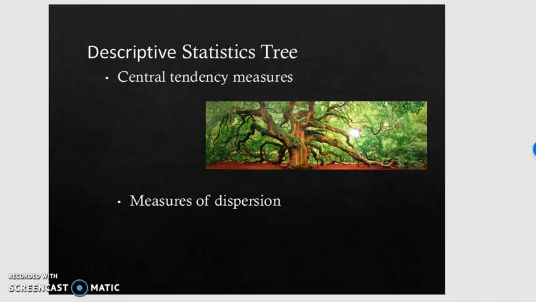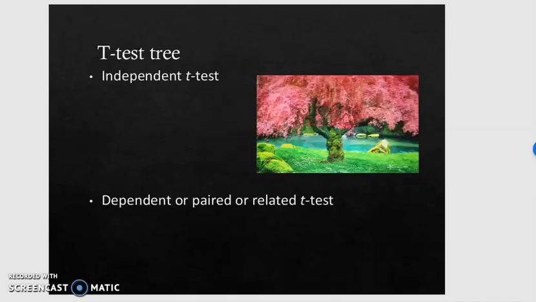So after descriptive statistics, we learned about hypothesis testing, and we learned about inferential statistics. Inferential statistics are statistics where we're drawing an inference or generalization from a sample to a population. When we came back from break, we learned about the basics for a t-test.